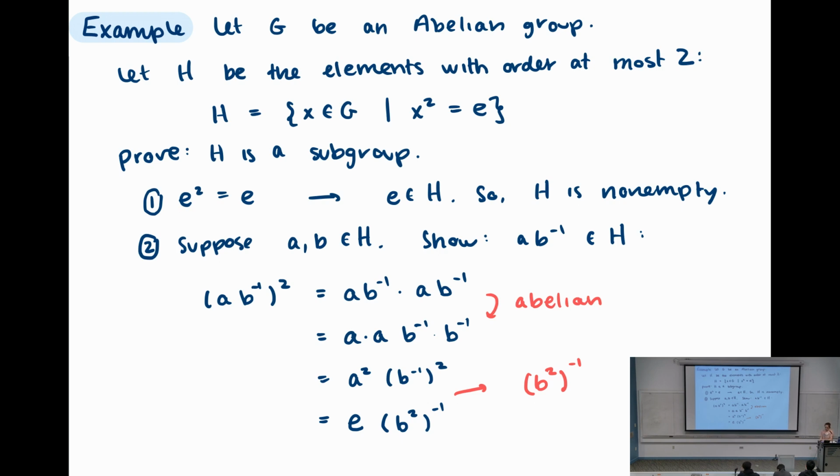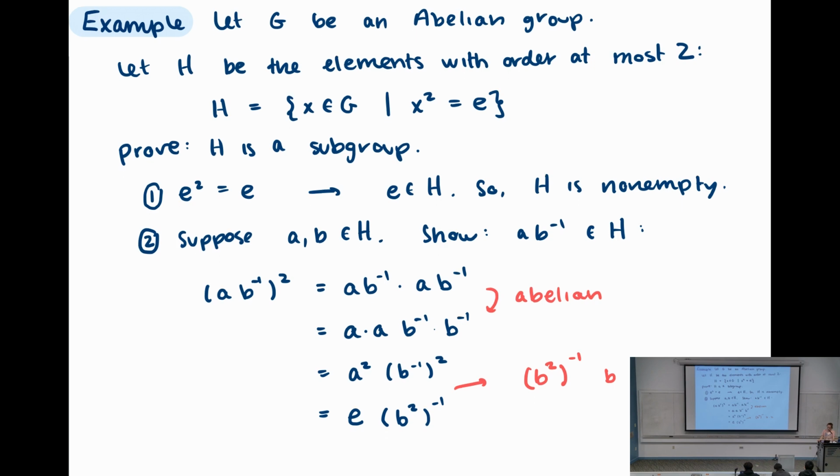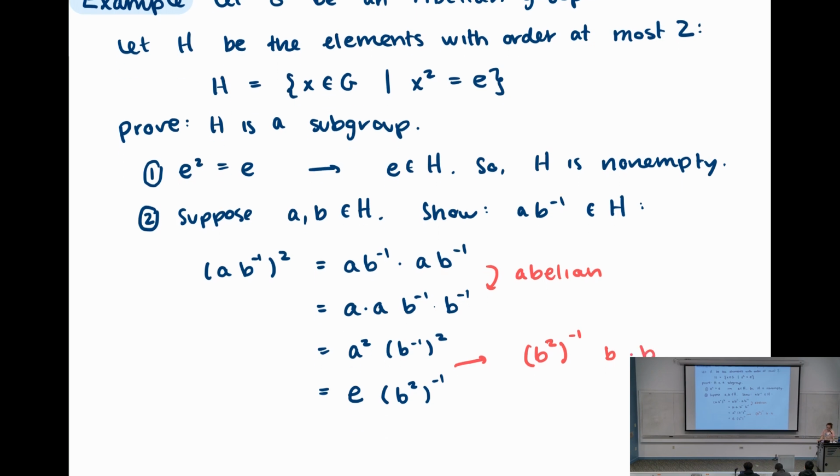So if I want to cancel out both of my B squareds, then I need B inverse, but I think I have this backwards. B times B. Okay, so this gives me E times E, which is E.